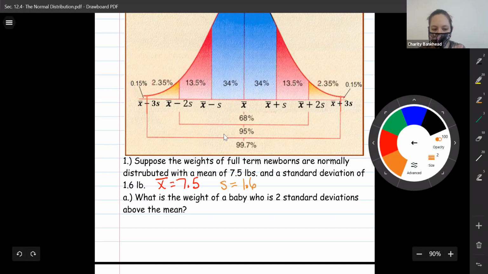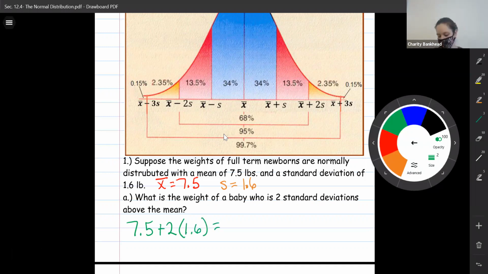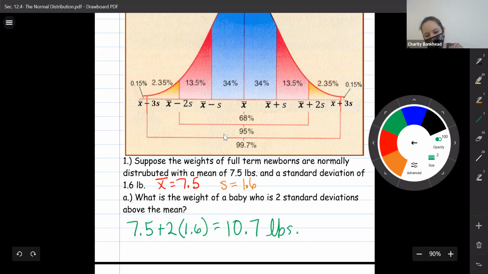In that case, what is the weight of a baby who is 2 standard deviations above the mean? So you would take the mean plus 2 times the standard deviation. 7.5 plus 2 times 1.6 equals 10.7 pounds.